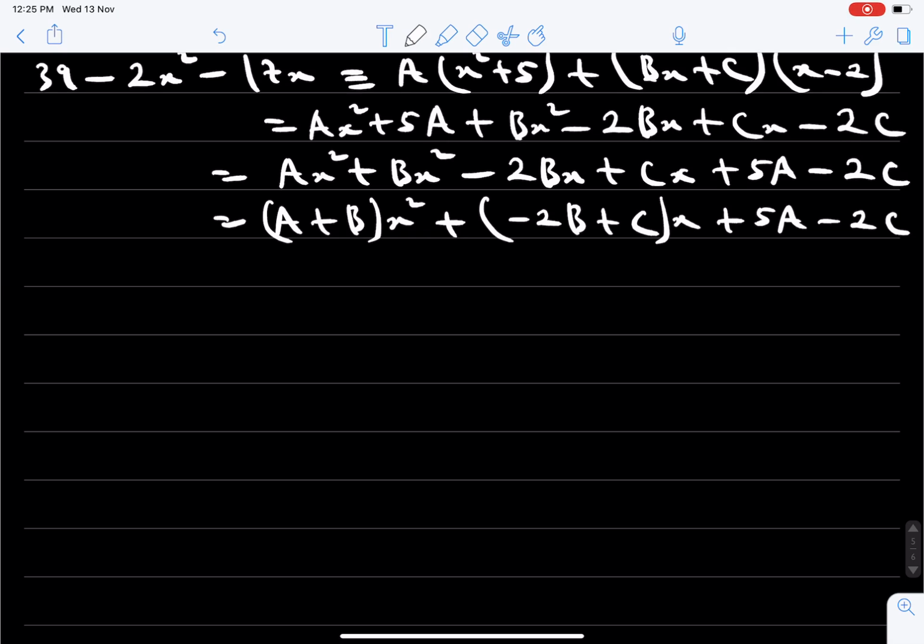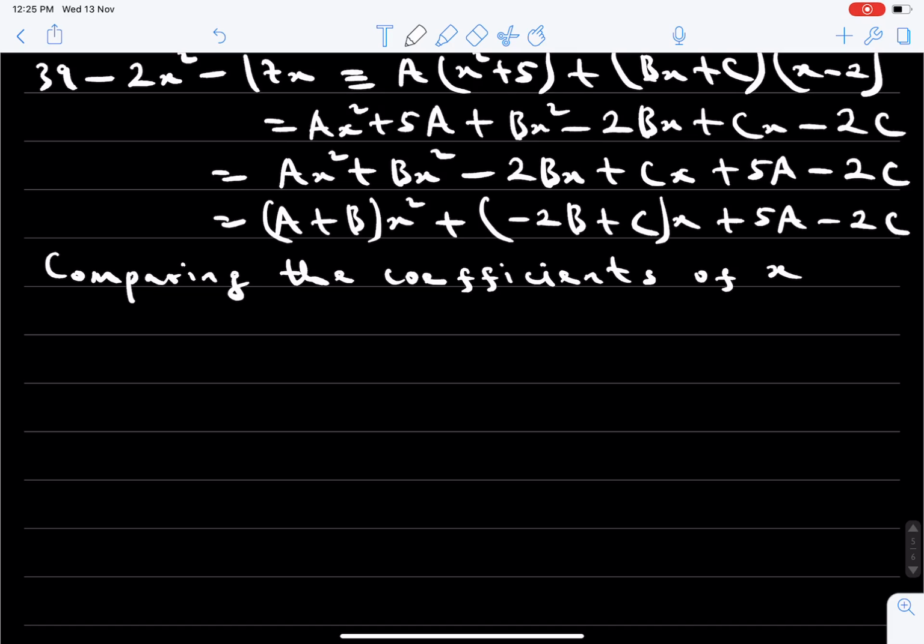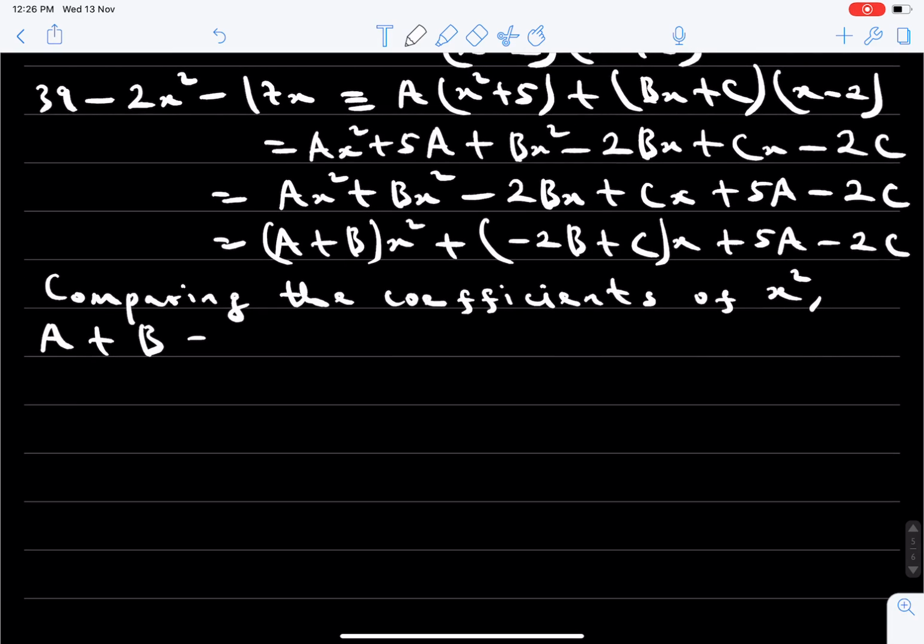Now comparing the coefficients of x squared. What's the coefficient of x squared on the right hand side? It is a plus b. And on the left hand side it is minus 2. So that means a plus b is equivalent to minus 2. Let's call that equation 1.